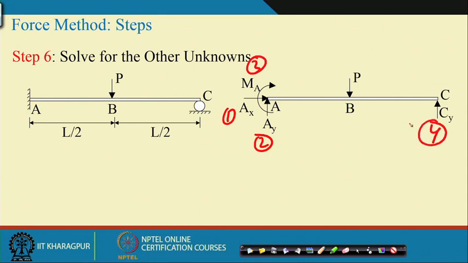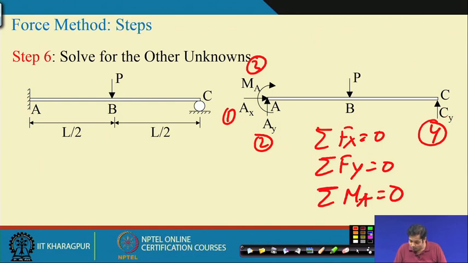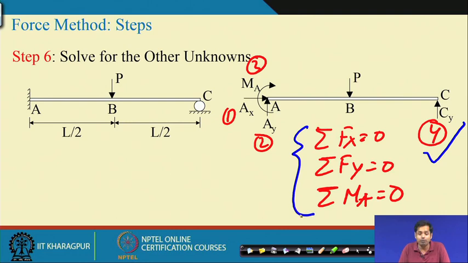We had 4 unknowns and 3 equations: summation of Fx is equal to 0, summation of Fy is equal to 0, and summation of moment at A is equal to 0. With 4 unknowns and 3 equations, we cannot obtain them. But now, after doing all this exercise, Cy is no longer an unknown. So, Cy is now known. So, essentially we are left with 3 unknowns Ax, Ay and Ma, and applying these 3 equations we can obtain these 3 unknowns.